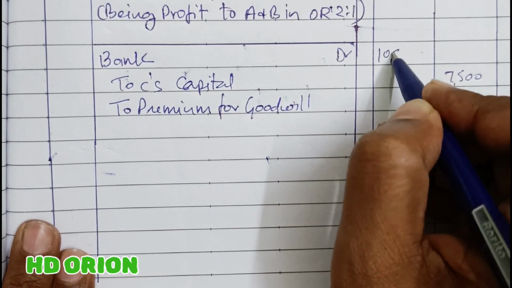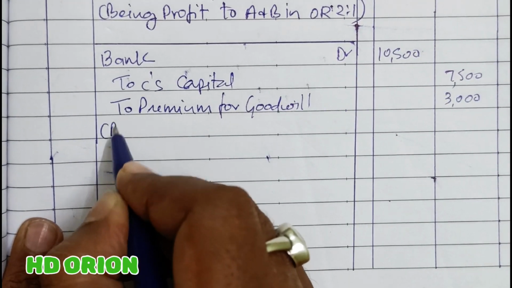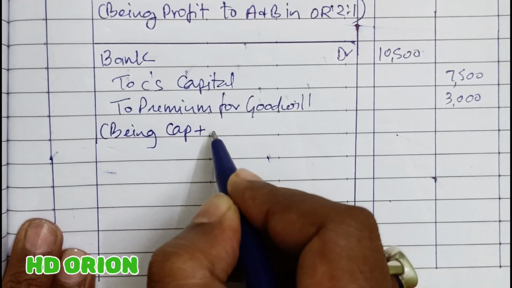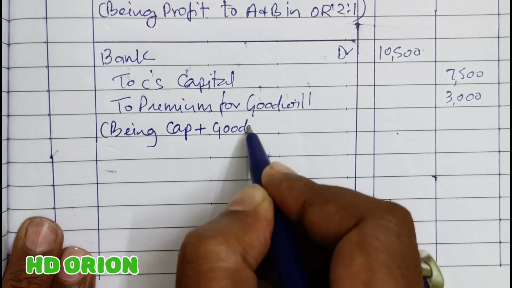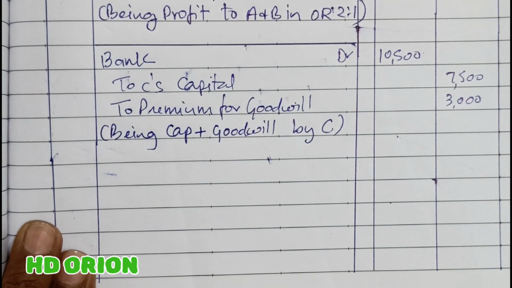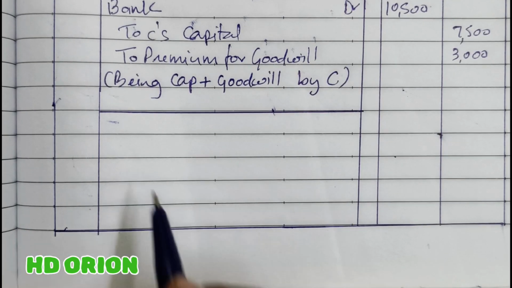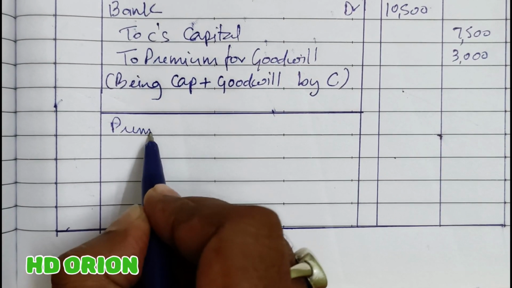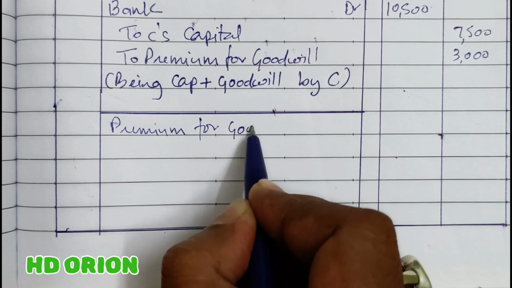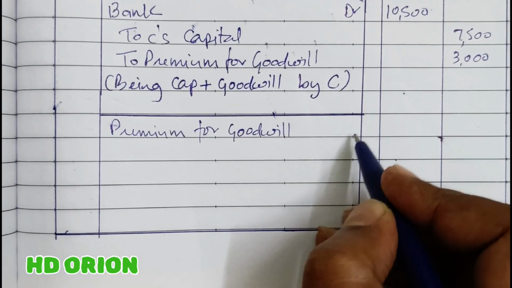So total 10,500 is brought by C. Now we will transfer premium for goodwill to old partners in their sacrificing ratio.